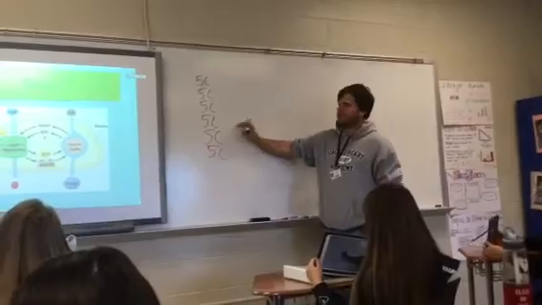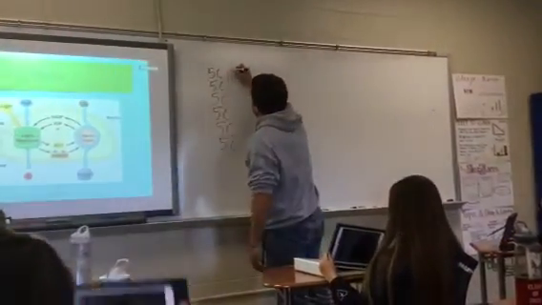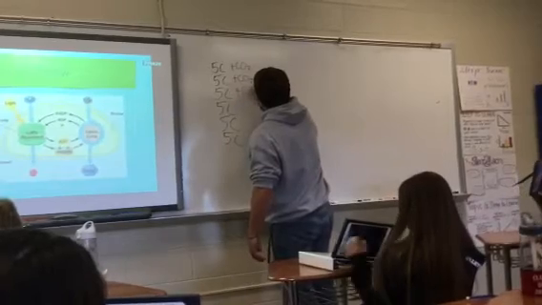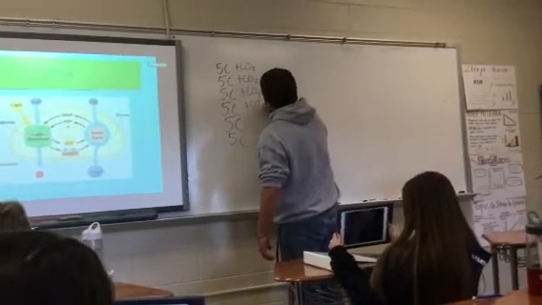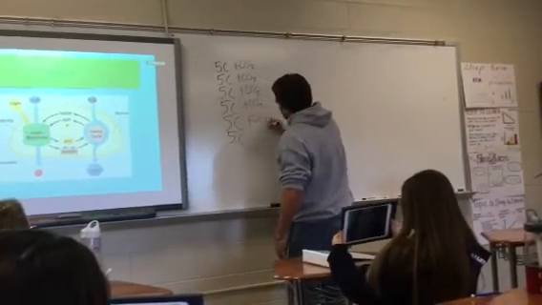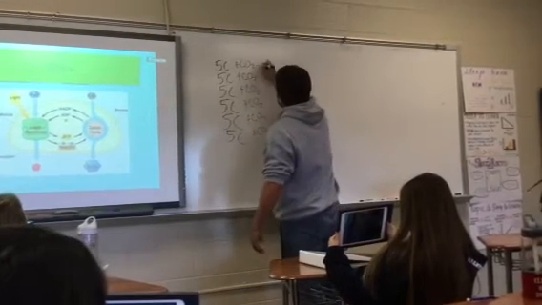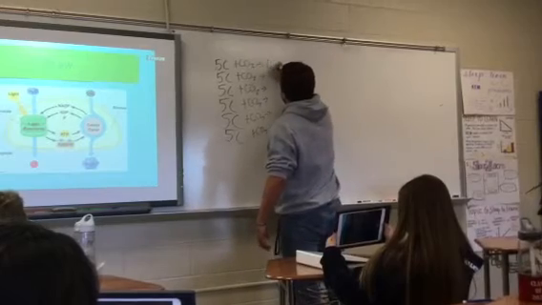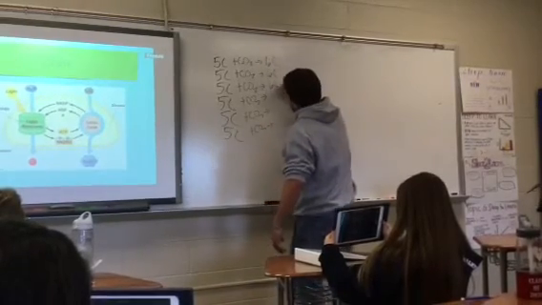So in the Calvin cycle, we have these 5 carbon molecules that are over in the stroma. From the atmosphere, the plant cell is going to take in carbon dioxide. These carbon dioxide molecules are each going to combine with a 5 carbon molecule to form a 6 carbon molecule.